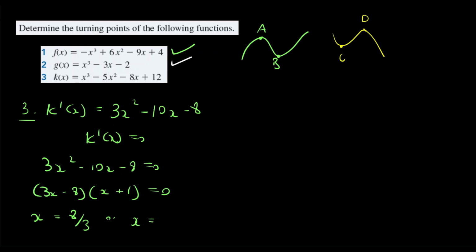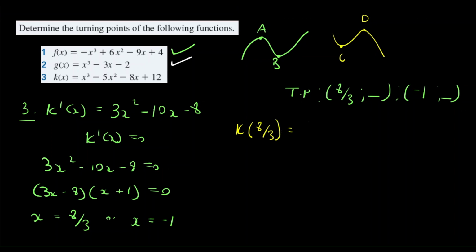The next x value will be x is equal to negative 1, which means our turning points so far are at 8/3 and negative 1, with y values unknown so far. So we need to find the corresponding y values by substituting into the original function, which will be k of 8/3: 8/3 cubed minus 5 times 8/3 squared minus 8 times 8/3 plus 12.